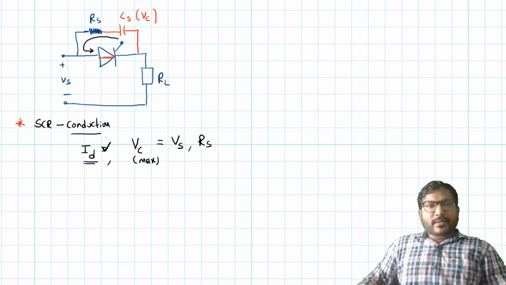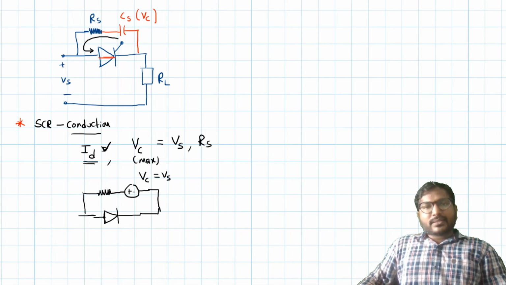When the SCR is triggered, it acts as a short circuit, and this is Rs. Now the capacitor acts as a voltage source, having a maximum charging voltage equal to Vs. The SCR is conducting, so it is replaced with a short circuit line.